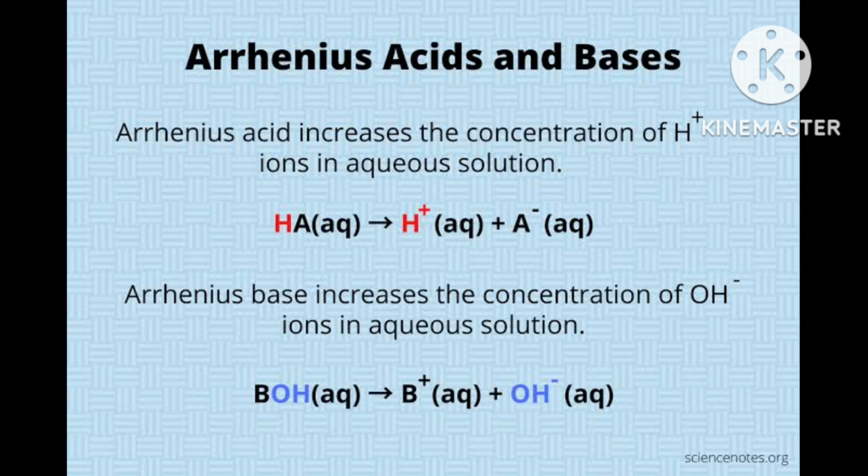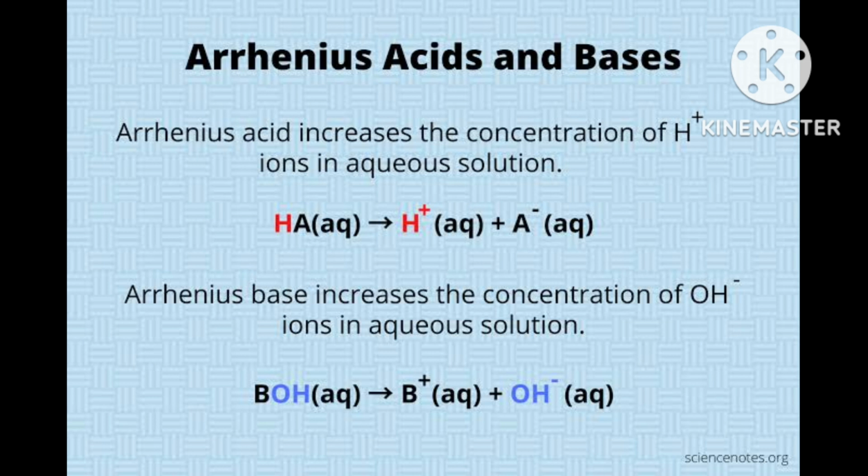To whom has H2O donated the proton? It has given it to NH3. After donating one proton, H2O converted into OH minus, aqueous. This OH minus is the conjugate base. After donating one hydrogen, only OH is remaining.